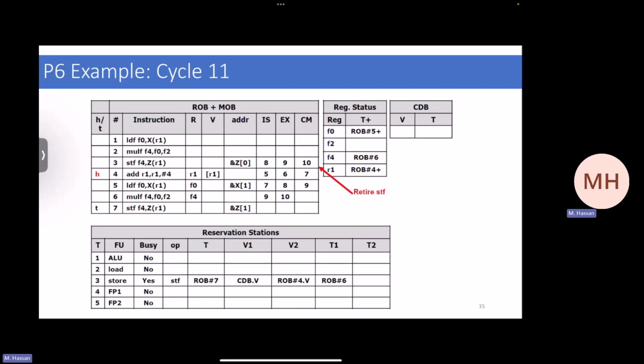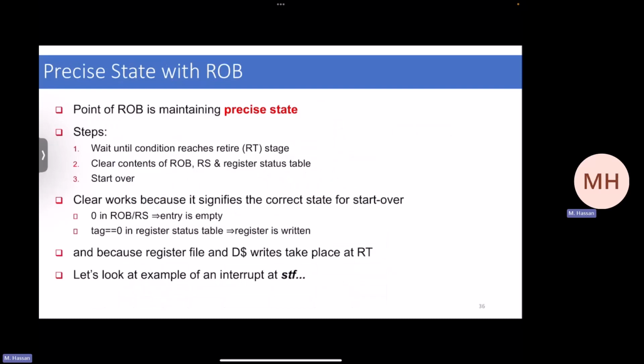Good. So how do we maintain precise state? We said the whole reason for having this ROB and maintaining the intermediate value there is to maintain precise state. So let's say I have, well, this is just theory, something like an exception here. Let's say at cycle 11, for example, assume I'm trying to retire this store, and I got an interrupt, right? Before retiring my store instruction. So between cycle 10 and 11, just before retiring the store at 11, I'm receiving an interrupt.